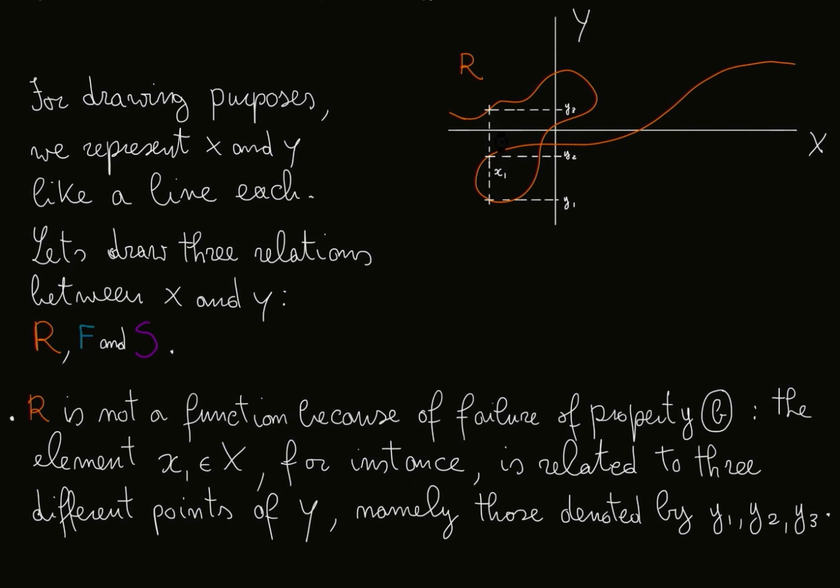We can easily see that there are 3 elements of y associated to x1, namely the intersection points of this vertical line, parallel to y, passing through x1. So there will be a y1 down here, and then a y2, and then a y3. So that breaks the condition that to each x1 there should be a unique element in y related to it.